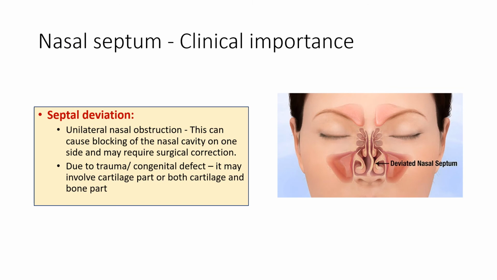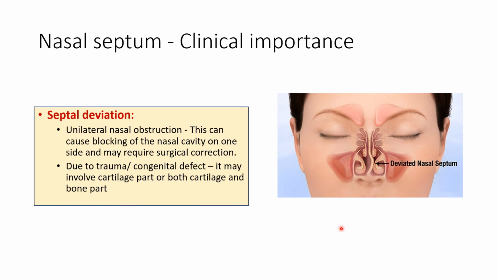After learning about the nasal septum, its bony and cartilaginous contributions, its blood supply, nerve supply and lymphatic drainage, now let us discuss the clinical importance. There is what is known as septal deviation. So the septum will be deflected to one or other side, causing nasal obstruction.